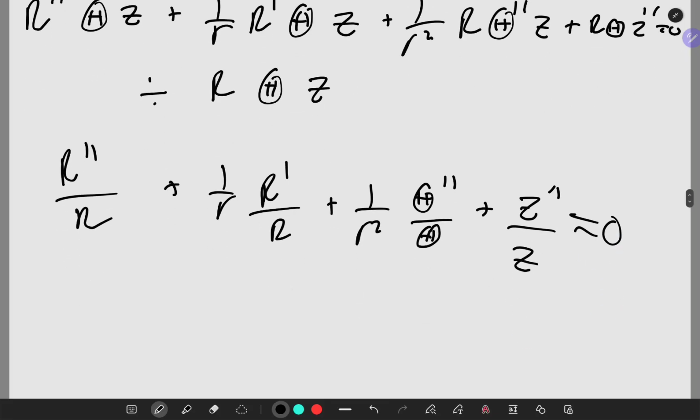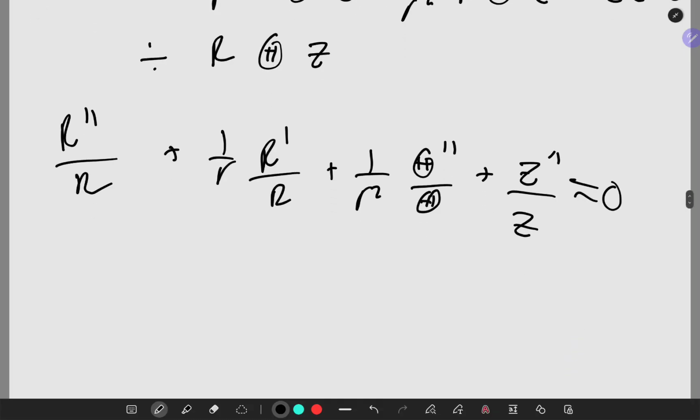That means we are going to have three equations, and in this case, two separation constants.